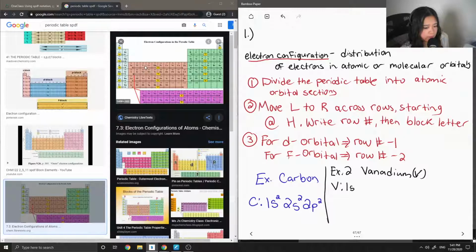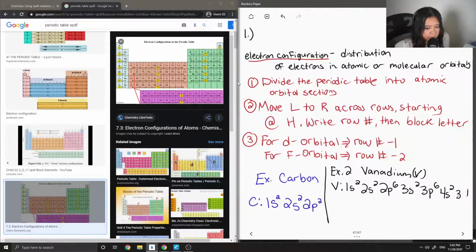It's going to be 1s2, 2s2, 2p6, 3s2, 3p6, 4s2, and then counting up to vanadium, 1, 2, 3, so 3d3.